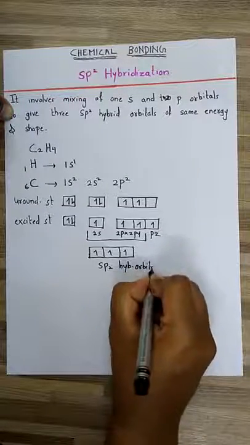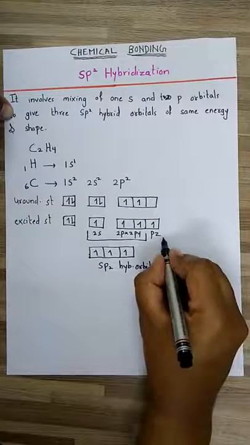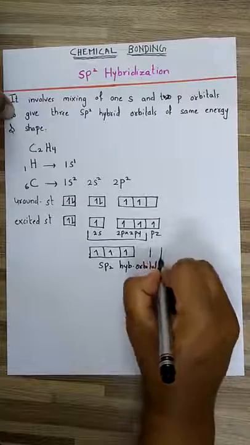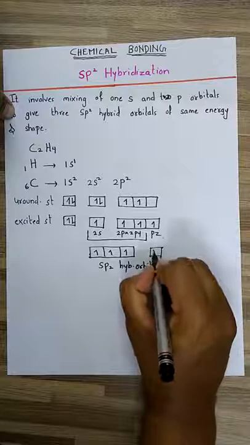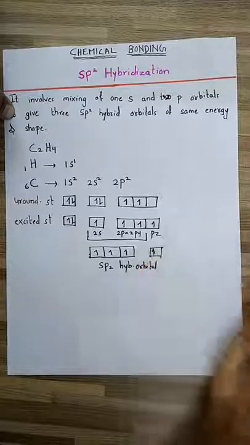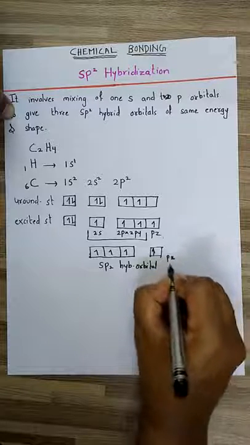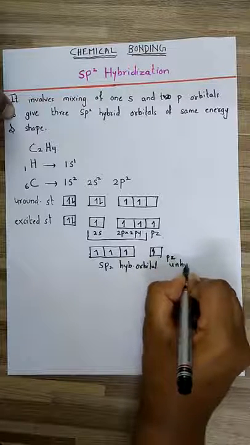This pz orbital remains unhybridized. So here we have one pz orbital with one unpaired electron, and this is your unhybridized pz orbital.